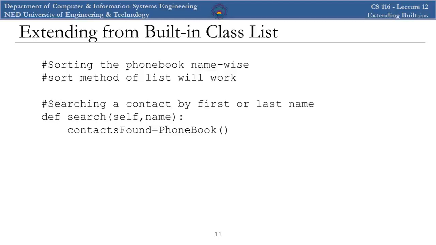I'm using the same class within the class. So I'm giving you a minute right now, or you can pause if you want more time. I just want you to think about what difference it will make if I instantiate contacts found to phone book, or if I instantiate it to a simple list type object.